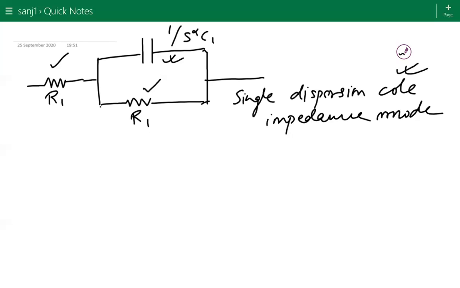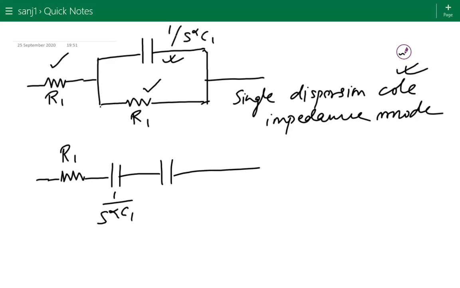the electrochemical systems. Now I will take another example from the literature in which you will see a different structure showing some constant phase element. The circuit contains a resistor R, a constant phase element given by 1 upon s to the power alpha C1, and another constant phase element given by 1 upon s to the power beta C2.